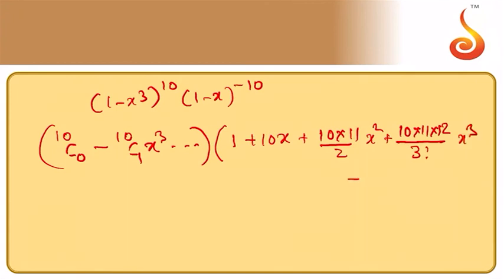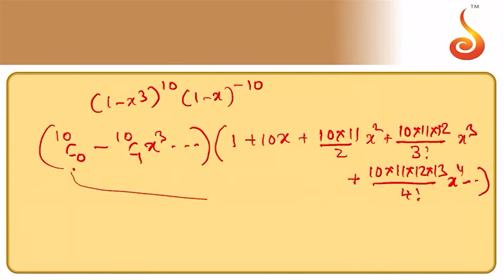Here we get 1 plus 10x plus 10 into 11 by 2 x square plus 10 into 11 into 12 by 3 factorial into x cube plus 10 into 11 into 12 into 13 by 4 factorial into x to the power 4.